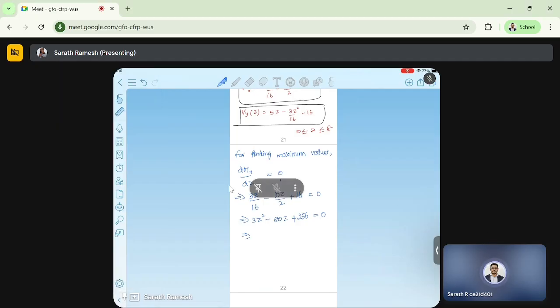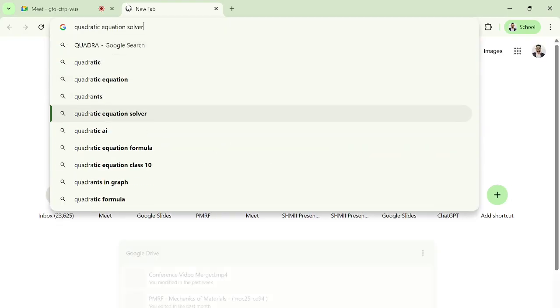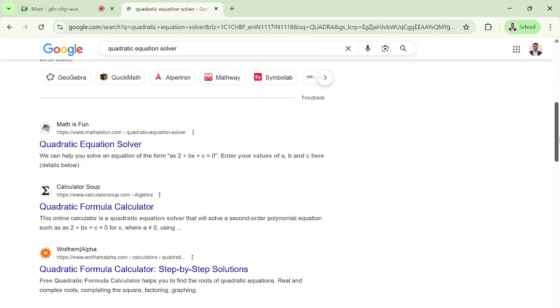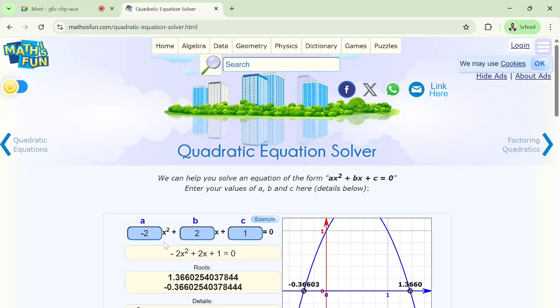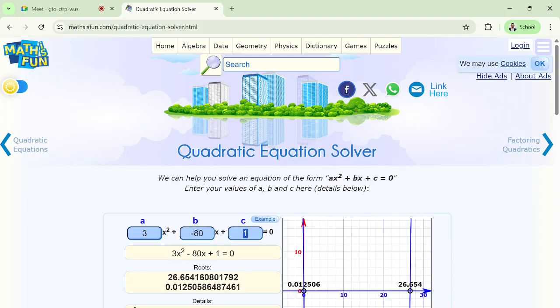Let's take a quadratic equation solver. So ax square plus bx plus c, this is 3, this is minus 80, and that is 256, right?